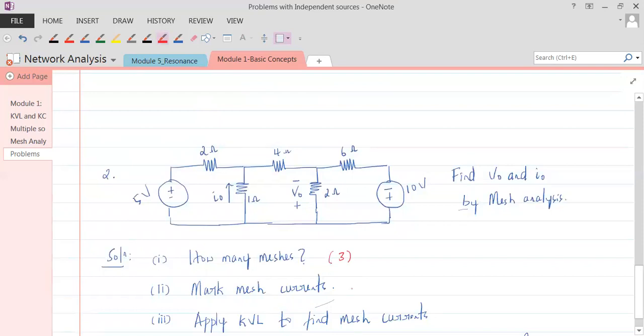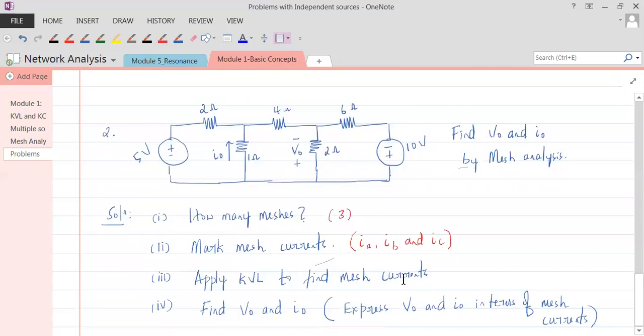Once there are 3 meshes, what will you mark? You have to mark IA, IB and IC. 3 mesh currents need to be marked. Then apply KVL to mesh 1, mesh 2, mesh 3, and solve the equations to find the mesh currents. So how many KVLs will you have? You will have 3 KVLs and 3 unknowns.